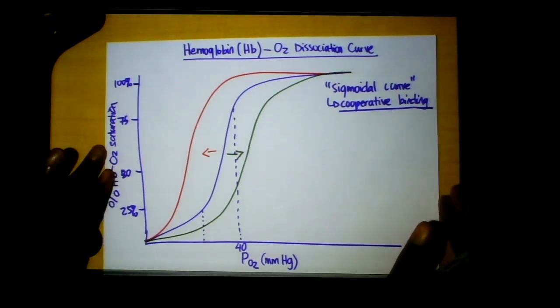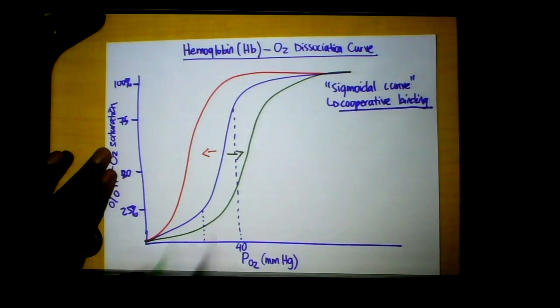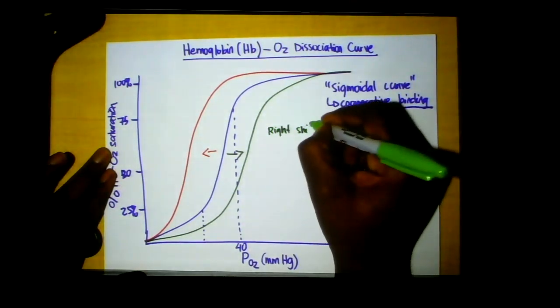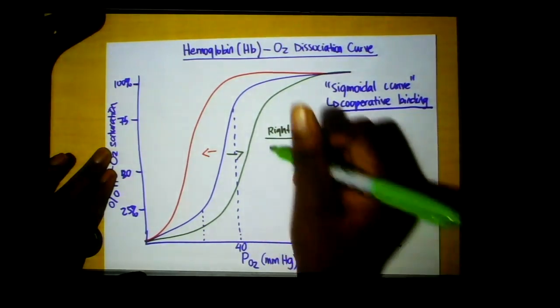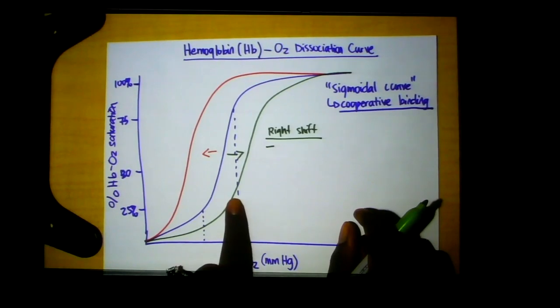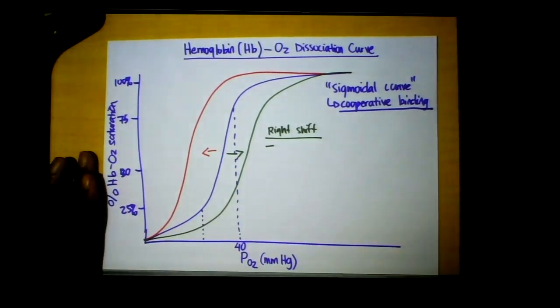Okay, so let's describe the right shift first. When the curve shifts to the right, hemoglobin has a lower affinity for oxygen. It doesn't want to bind oxygen. It's going to unload oxygen easier, and it's going to load oxygen harder.